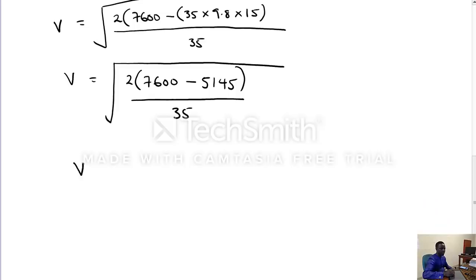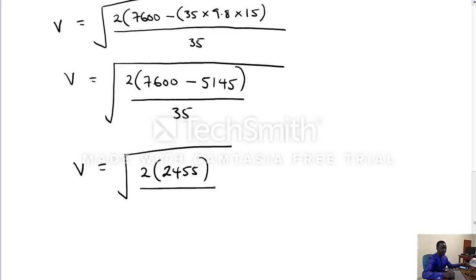So this will be v is equal to square root of 2 into bracket 7,600 minus 5,145 will give you 2,455 to be divided by 35.